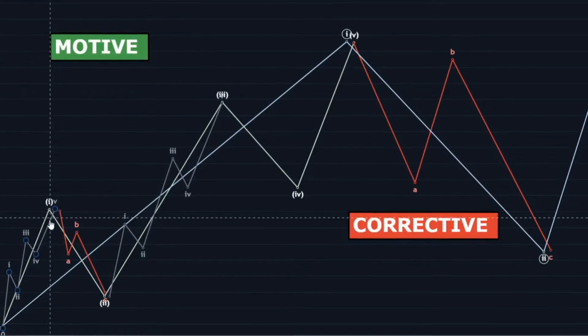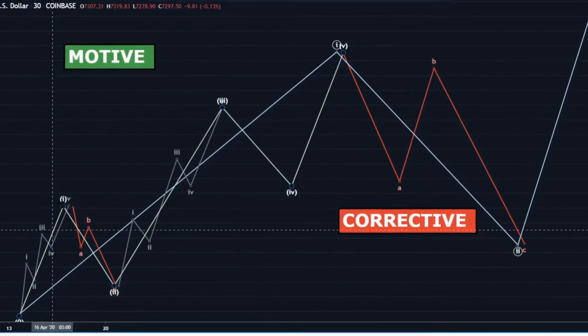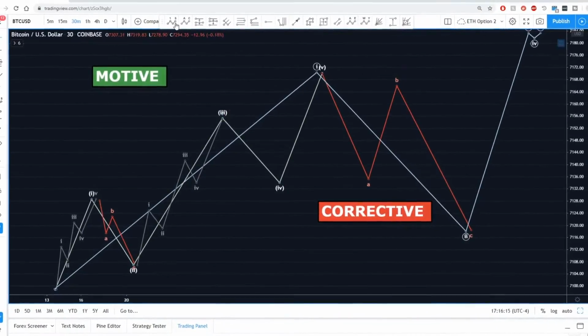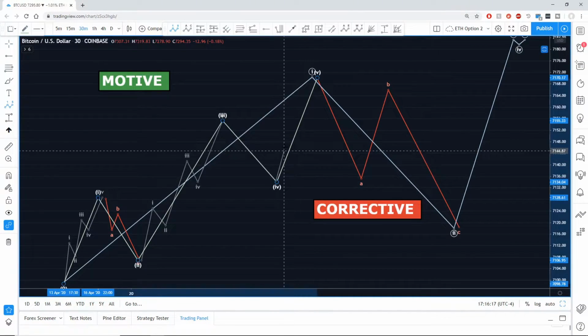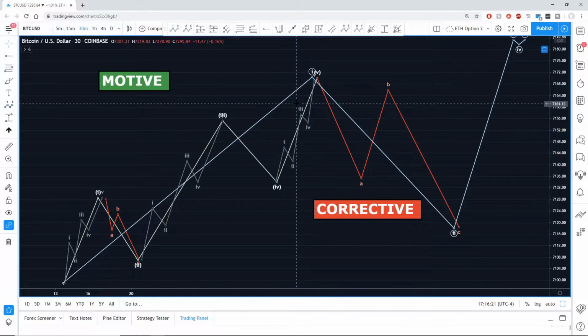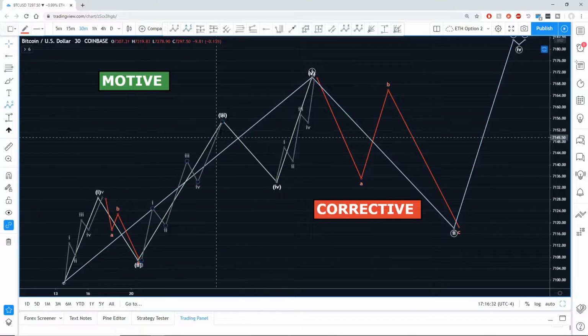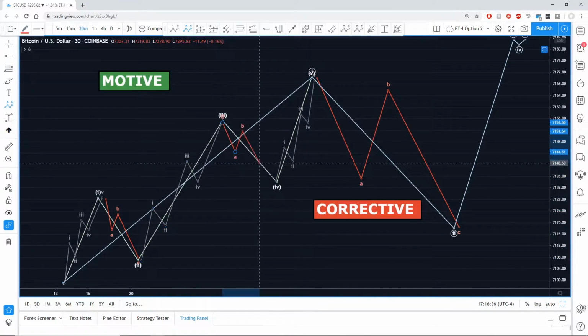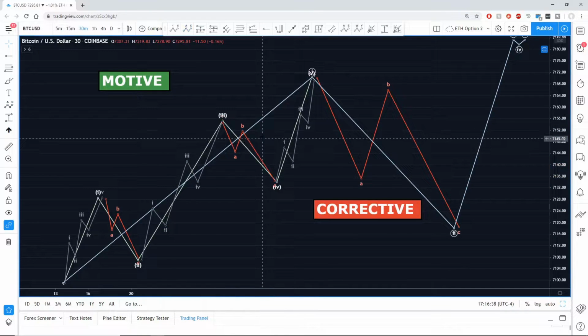And this is on the same degree as this one. 5 waves make up this larger degree 1, 5 waves make up this larger degree 3, and as you'd expect, 5 waves make up this larger degree 5th wave. And similarly, the only one that I missed, this 4 wave, 3 waves make up this 4 wave.